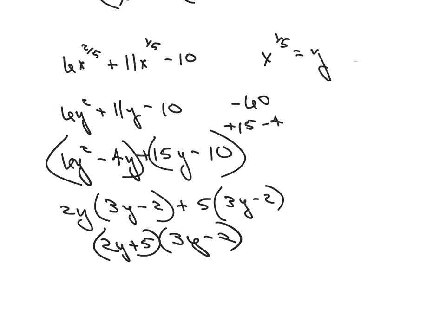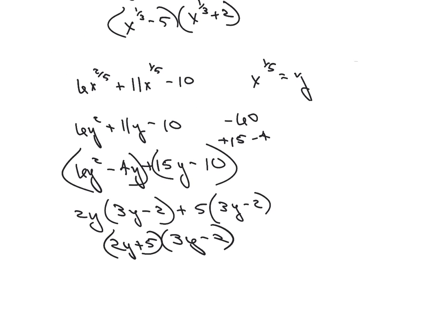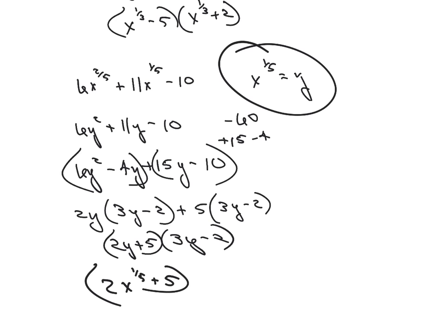So now all we have to do is go back up here and notice that y is x to the 1/5, so 2x to the 1/5 plus 5 times 3x to the 1/5 minus 2. And that means that we're done.